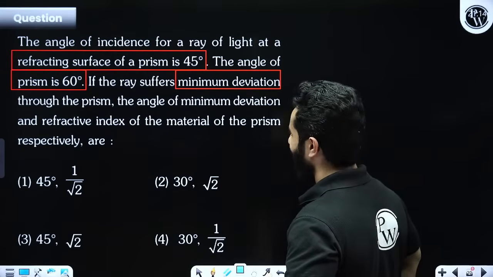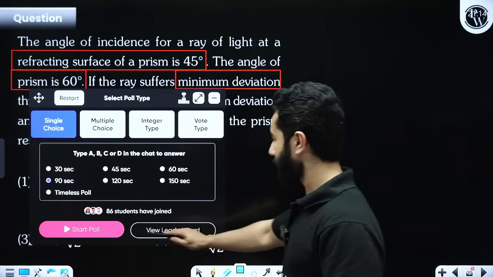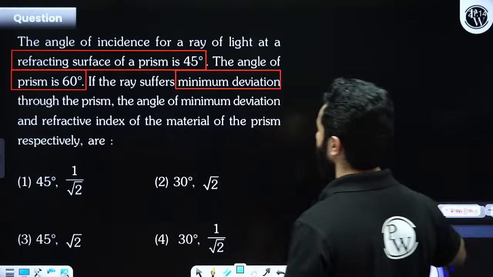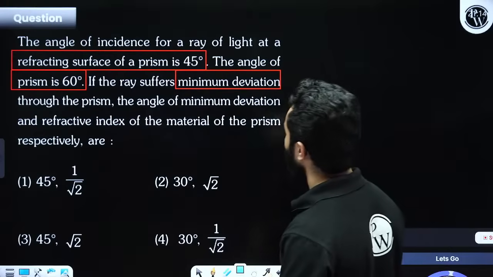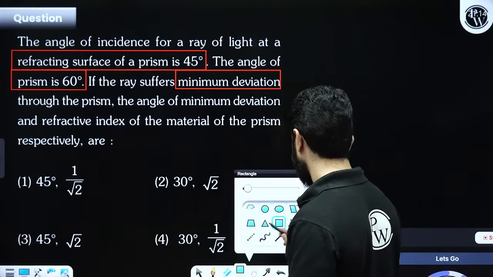Through the prism, find the angle of minimum deviation and the refractive index. Chalo, start. You have to find out the angle of incidence for a light at a refracting surface, which is 45 degrees.